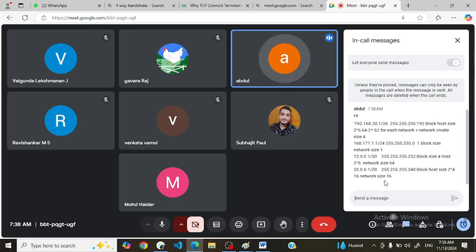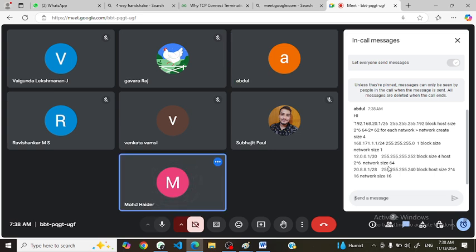Okay, this is what I got on the notepad. If you can see, yeah, okay, good. So the first question, block size.